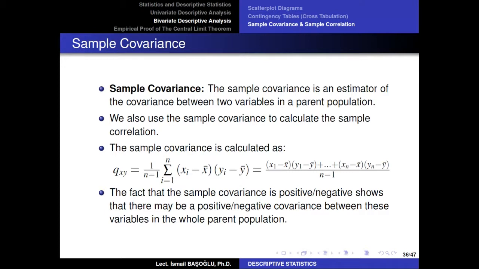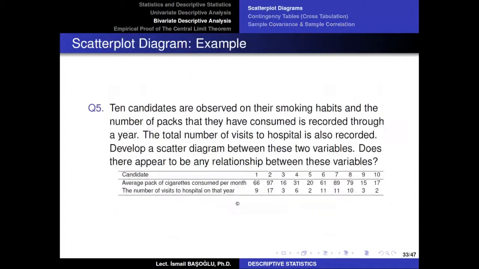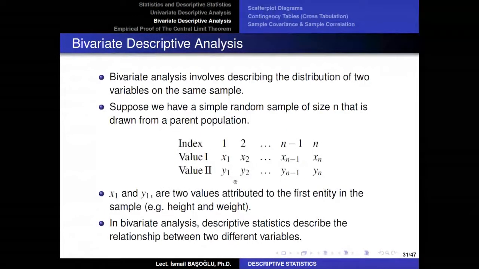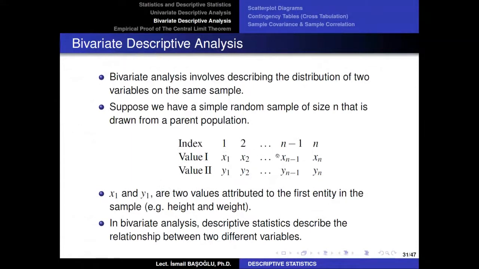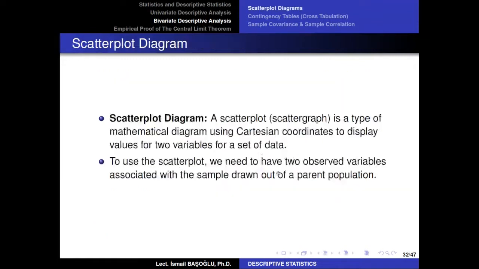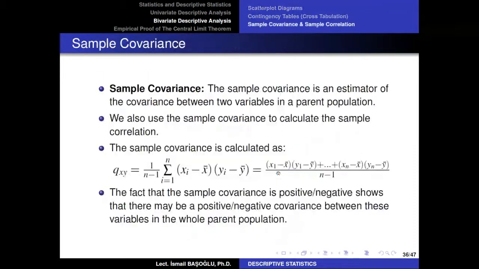And we can also discover the relationships between two variables observed on the same member of the sample by calculating the sample covariance. So again, please imagine you have such a table where we have observed n observations in our sample, and for each observation we have collected two variables, and our objective is to discover if there is a relationship between these two or not.